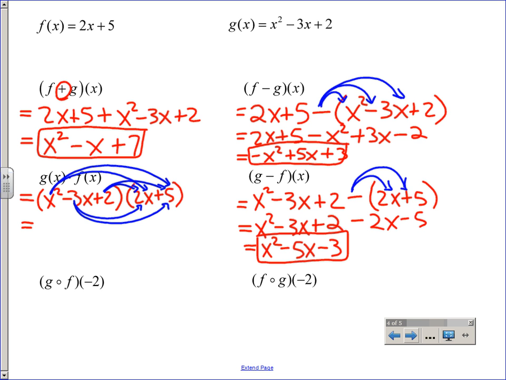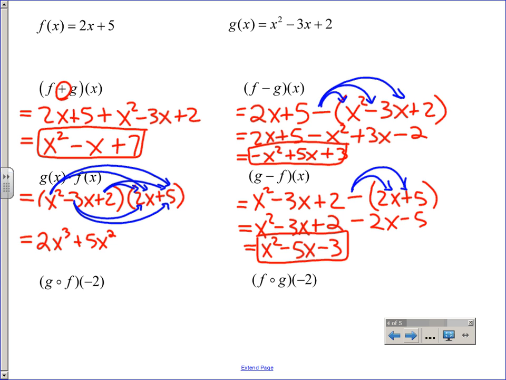So I'm going to go with x squared times 2x. Okay, so it will be 2x times x squared is 2x cubed. Then you'll have x squared times 5, which is 5x squared.